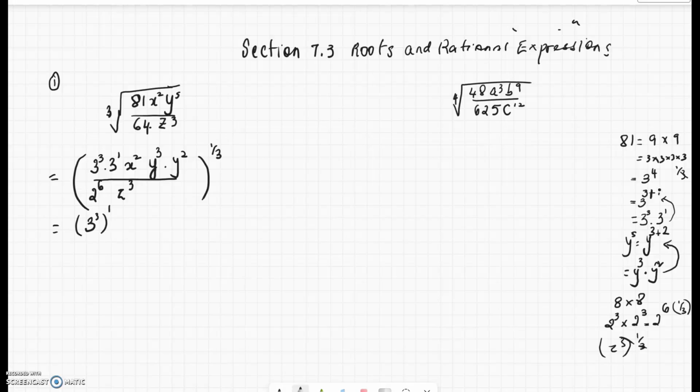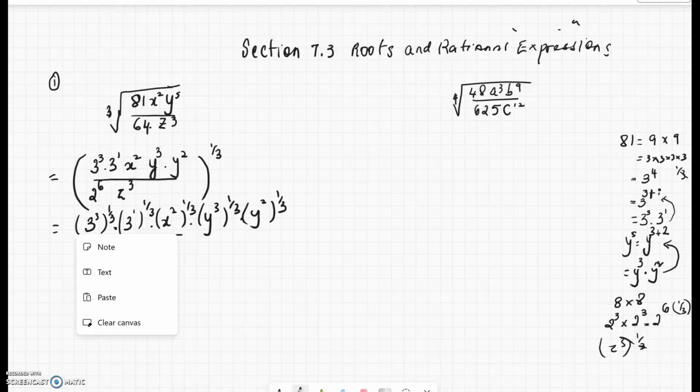So now the rule of exponents says each of these numbers in the parentheses is going to be raised to the 1/3: 3 cubed to the 1/3, times 3 to the 1 whole to the 1/3, times x squared to the 1/3, times y cubed to the 1/3, times y squared to the 1/3. Now you can skip steps only after you're a little confident with these rules.